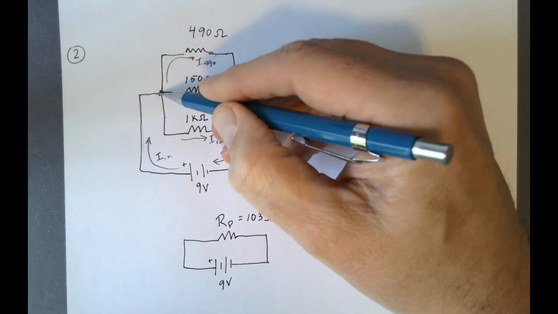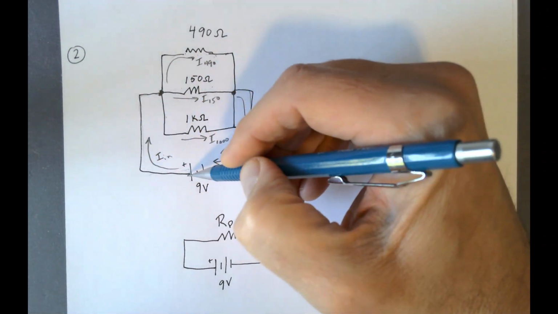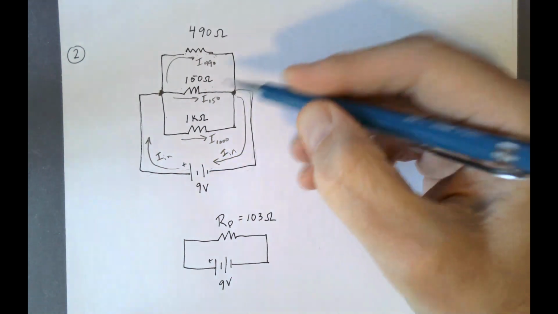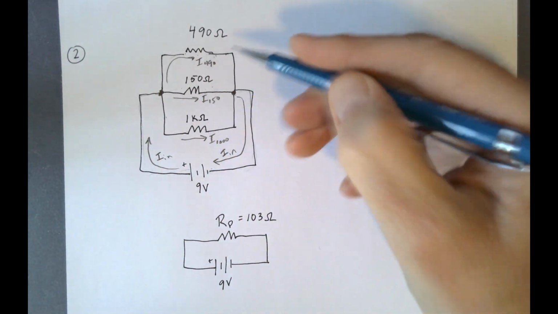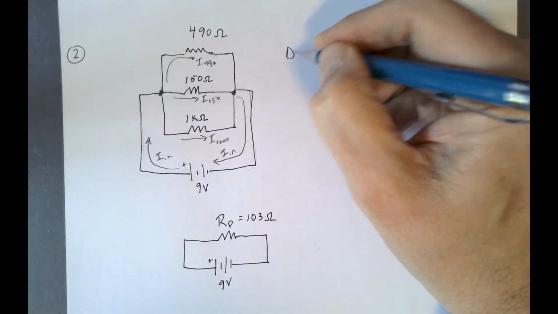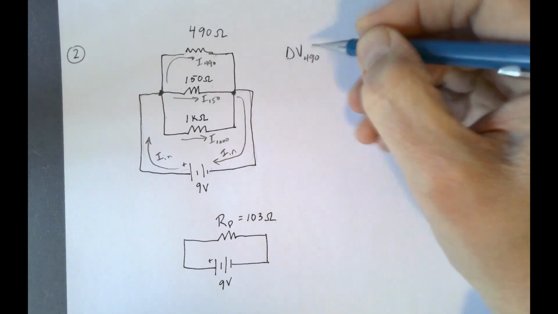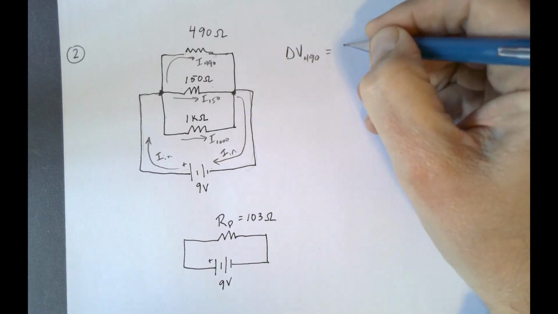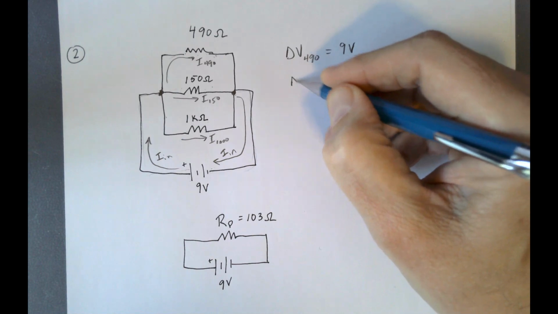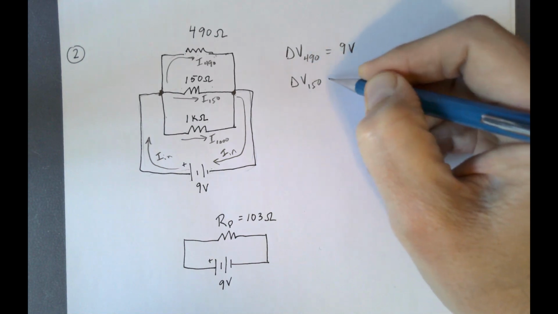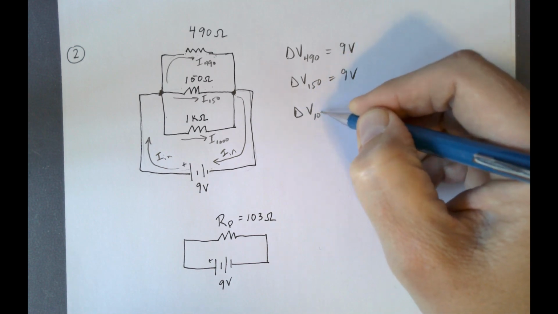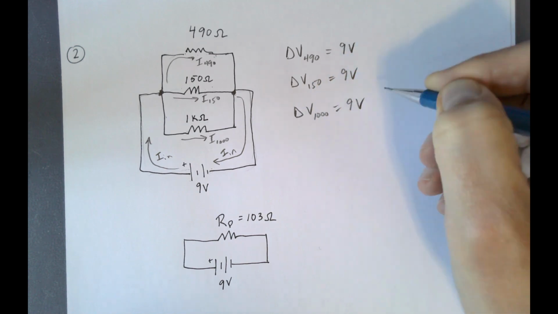And from here to here is also the same as 9 volts. So before we even begin, we know that the voltage drop, delta V 490, across the 490 ohm resistor is going to equal 9 volts. And delta V 150 is going to equal 9 volts. And delta V 1000 is also going to equal 9 volts.